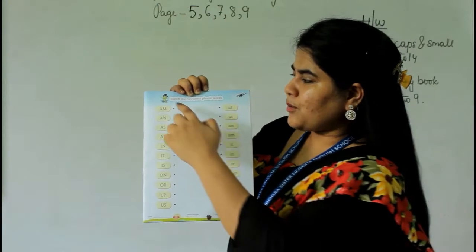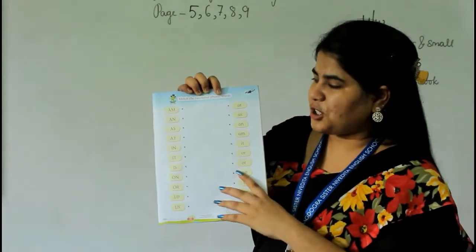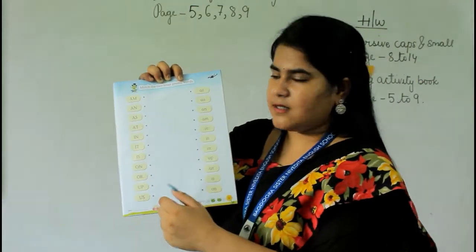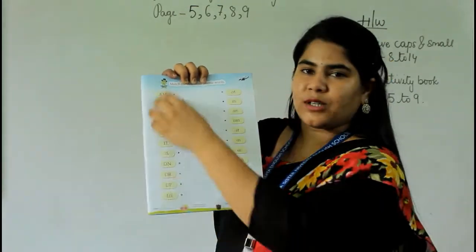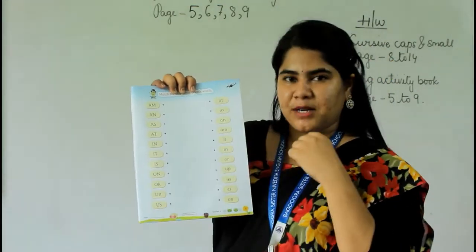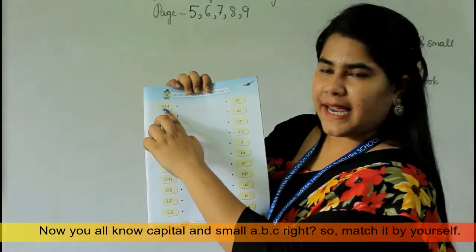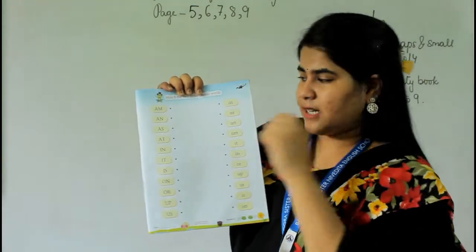Now what we will do, match the 2-letter phonic words. The question here is, here it is written in capital letters and here it is written in small letters. Now, both these are same, but it is jumbled. So you will match this, okay? Here it is written AM. Now let's see where you will get AM in small letter.